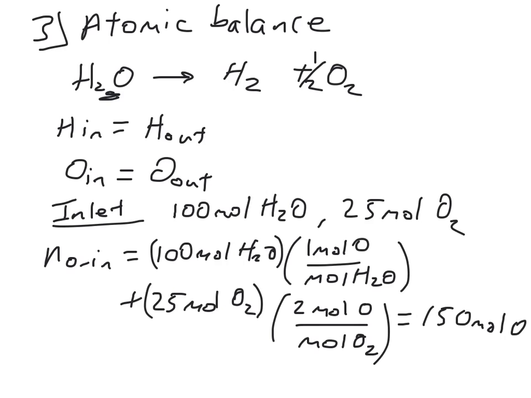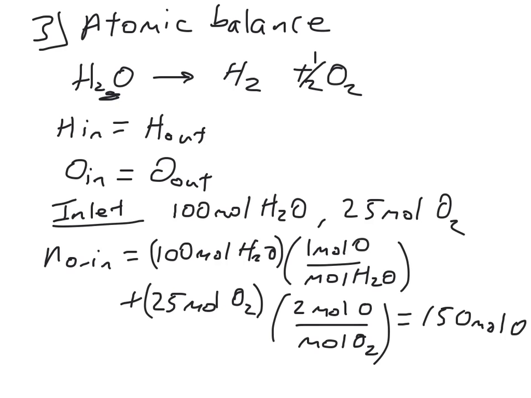And I could write out similar equations for hydrogen atoms. I could write a hydrogen balance where for every mole of water, we have 2 moles of hydrogen atoms. For every mole of hydrogen molecule gas, we have 2 moles of atomic hydrogen.